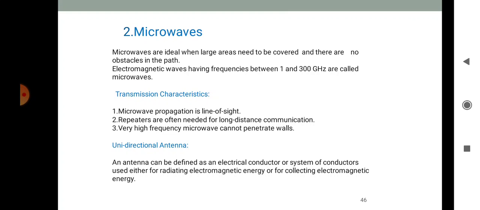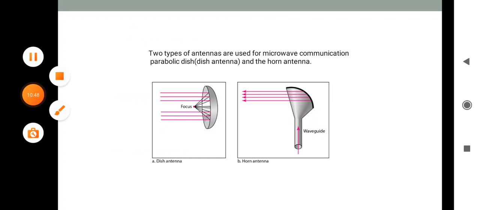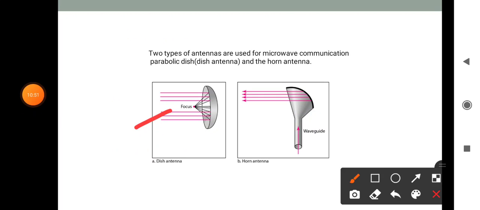Here the microwave needs a unidirectional antenna that sends out signals in one direction, and two types of antennas are used for microwave communications: the parabolic dish and the horn antenna. Parabolic dish is also called the dish antenna, and second is the horn antenna. Here this is the dish antenna and this is the horn antenna.